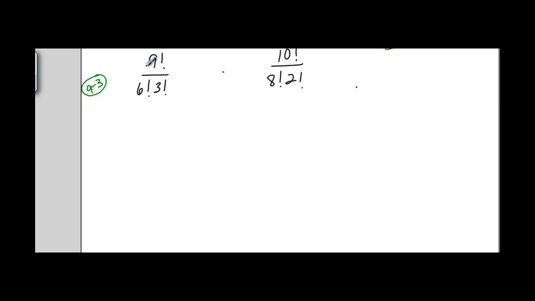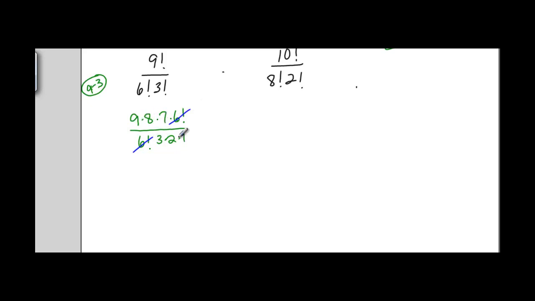One way I can simplify this is to write out 9 factorial as 9 times 8 times 7 times, and I'm going to stop at 6 and leave that as 6 factorial, since I have a 6 factorial in the denominator. That 6 factorial will cancel out with the other one. I also have a 3 factorial, so 3 times 2 times 1. To simplify, I can cancel out a 6 factorial from the numerator and denominator.